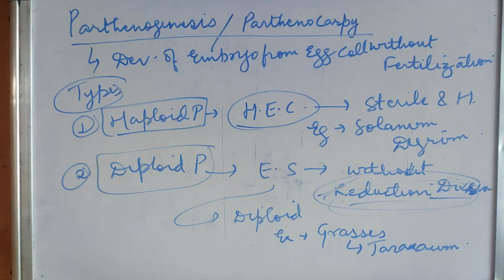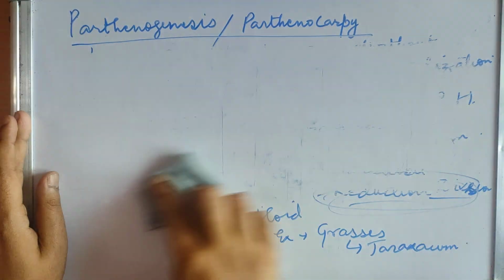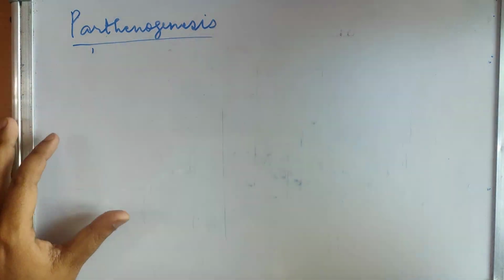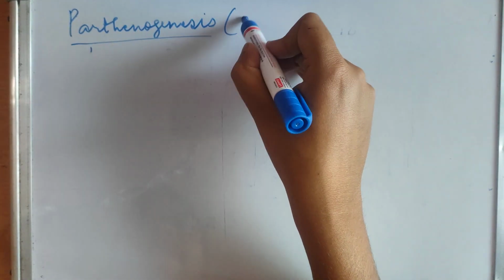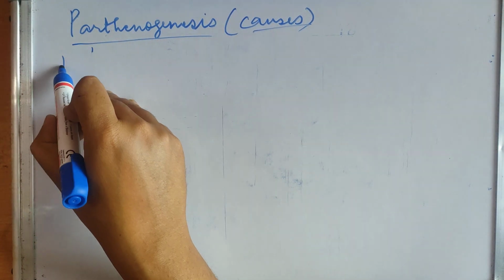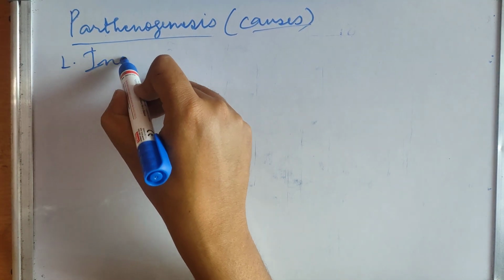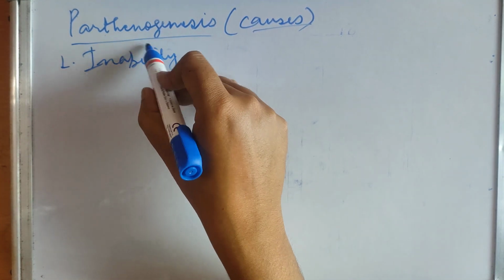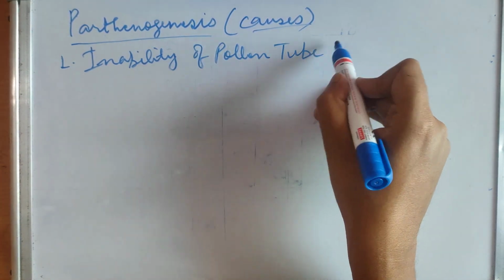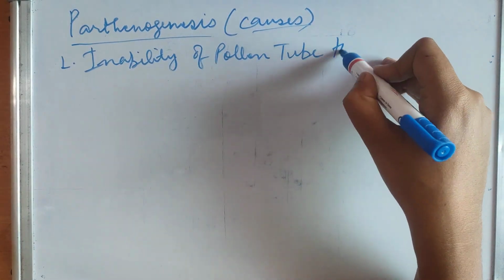Now what are the causes of parthenogenesis? First of all, there could be inability of the pollen tube to discharge its contents inside the embryo sac.